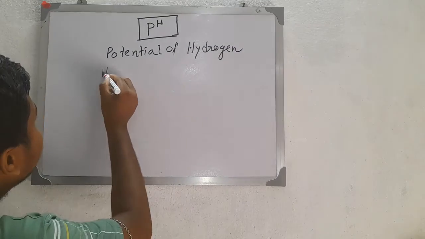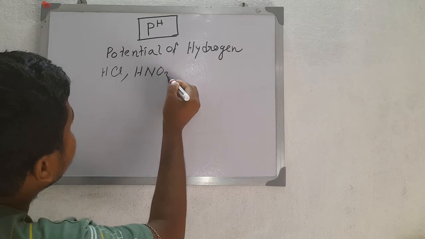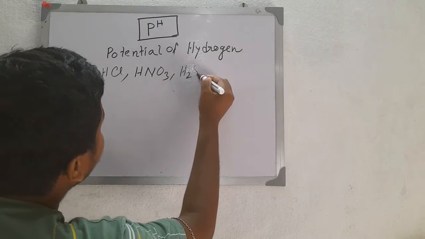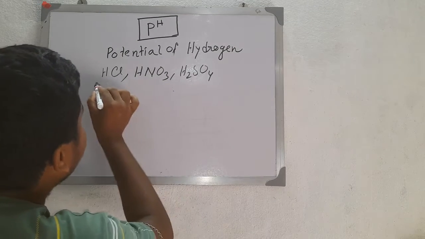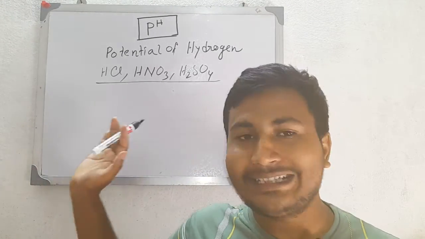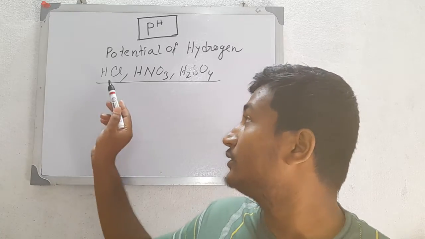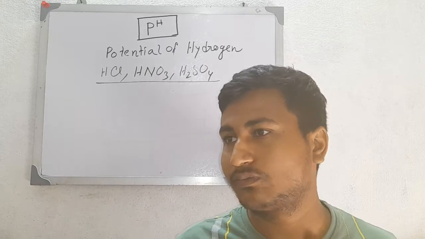Let HCl, HNO3, H2SO4, they are all strong acids. And strong acids, we know, easily dissociate into H plus and ions in aqueous solution.